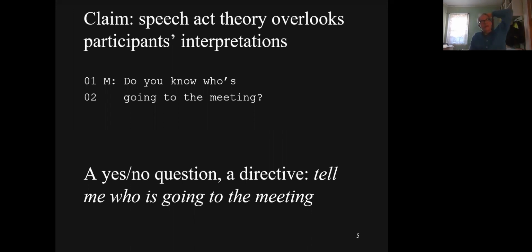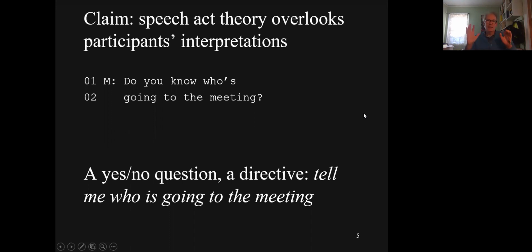So let's then see some examples of what I was just talking about. This came from the Schegloff reading. The idea is that speech act theory might make a claim that what's happening here when M says, do you know who's going to the meeting? is something like a directive, meaning tell me who's going to the meeting.